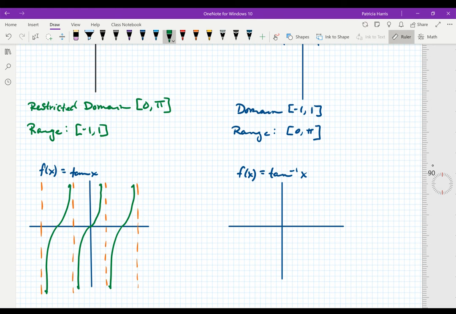So that's how we're going to graph it. Now instead of vertical asymptotes, we have horizontal asymptotes, and we get something that looks like this.